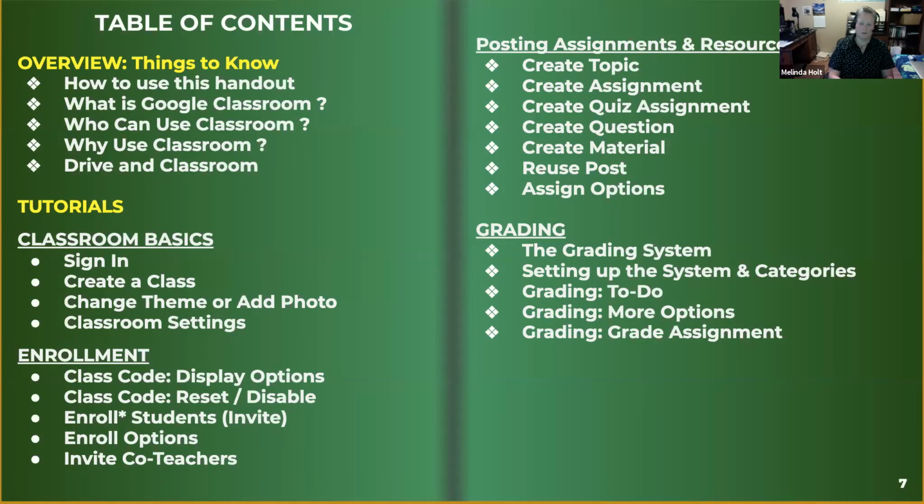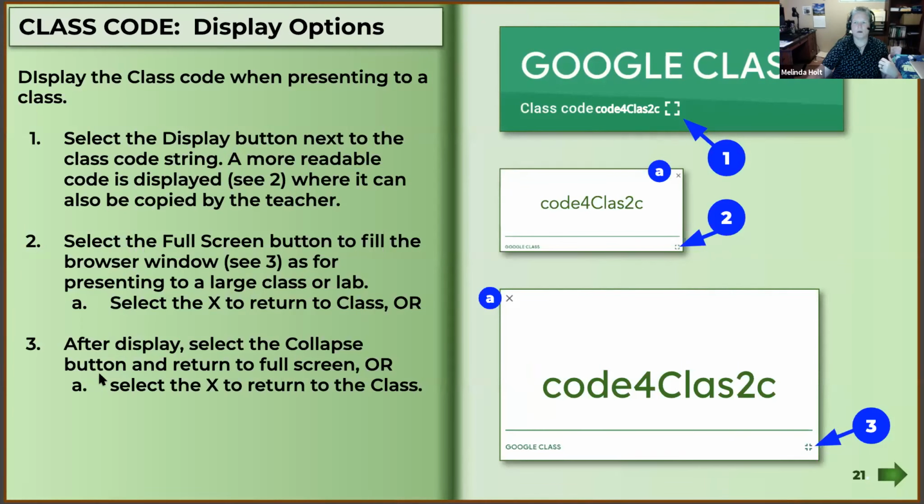The table of contents. When you get to make your own copy that's stuck in time, if you already know the Classroom basics, and you just want to know about enrollment, then you can click on class code display options and it will go there.